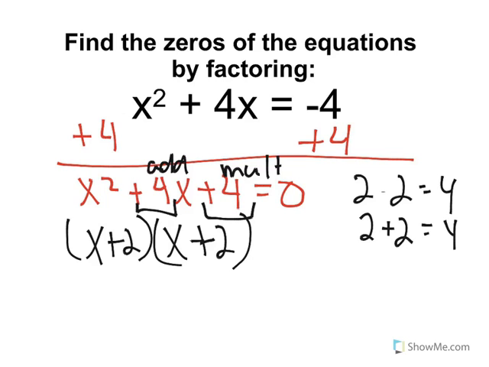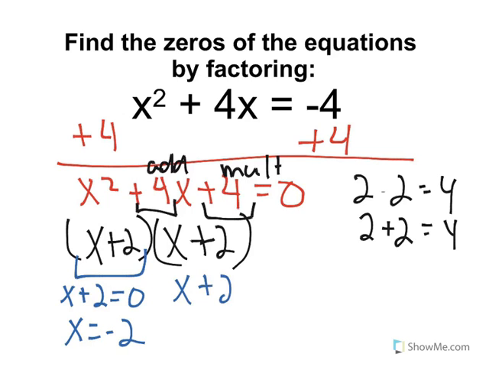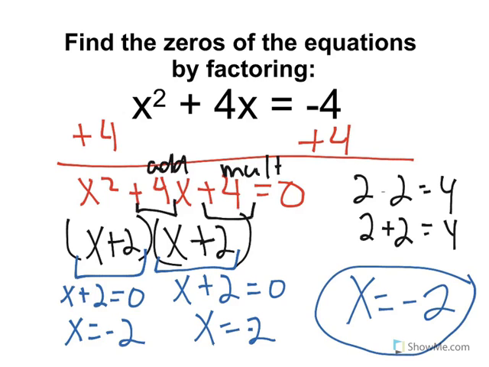Okay, so now we have x plus 2 set equal to 0. X would equal negative 2. Once again, x plus 2 equal to 0. X equals negative 2. So our solution, or our root, or x-intercept, is x equals negative 2.